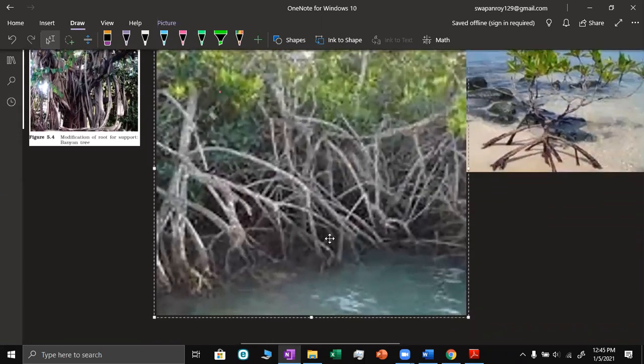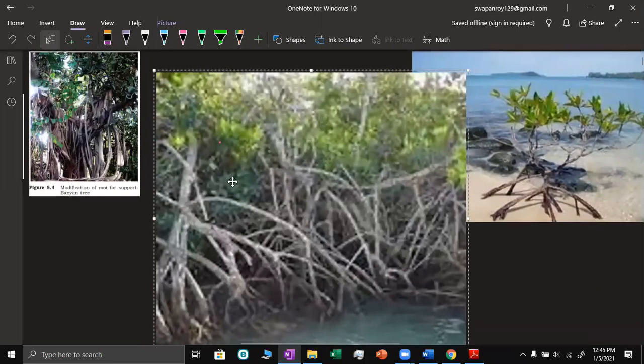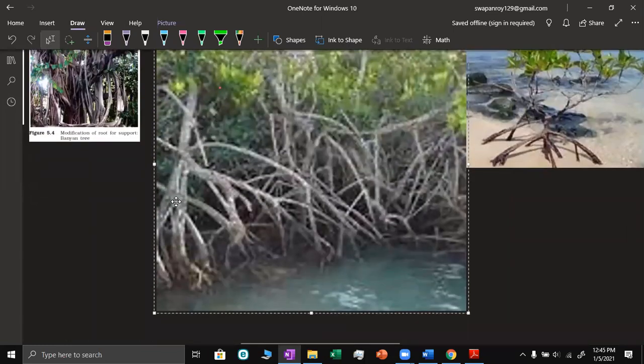These are actually root branches coming out from the lower part of the stem. So branching is at the top, and also stem branches, and towards the base there are root branches. So these roots provide additional support to the plant.